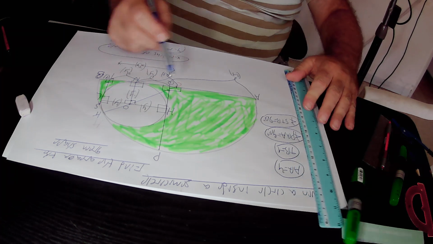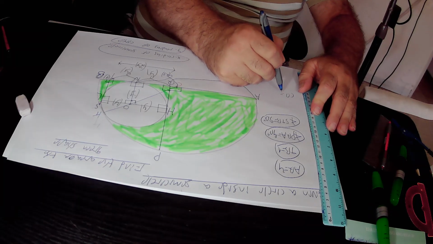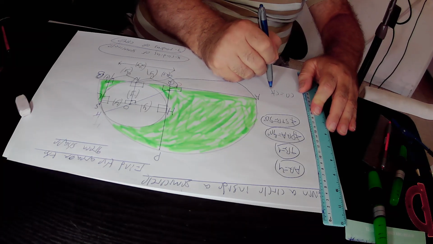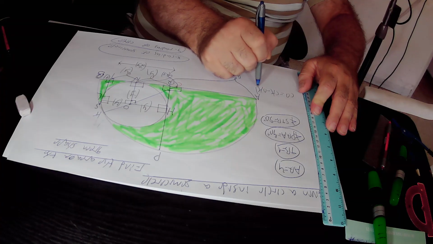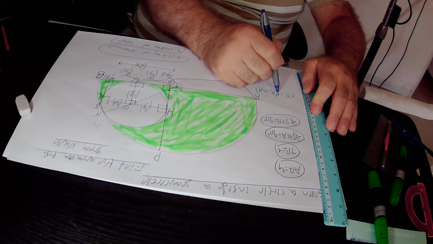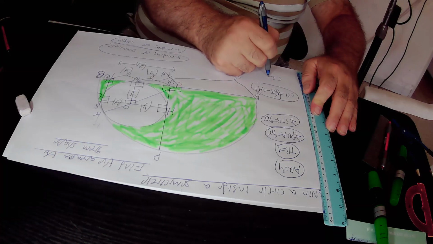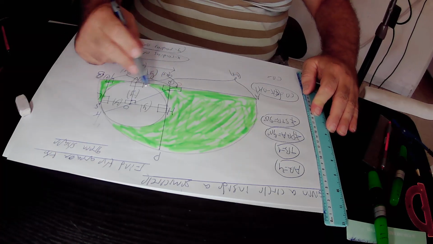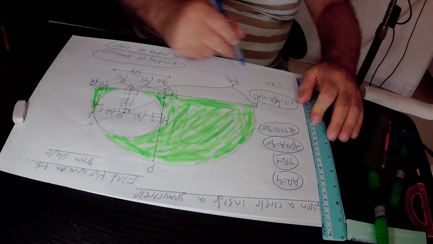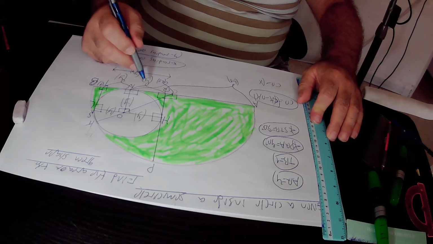So CO in total equals CK, which is the radius of the semicircle and equals X, minus OK.